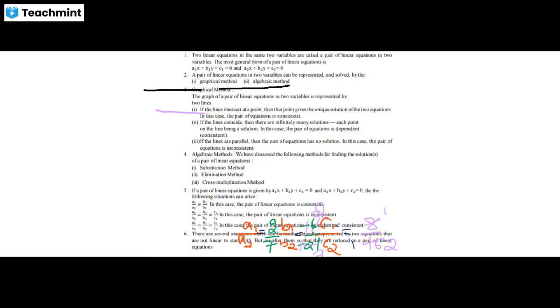Then in tomorrow's class we'll do pair of linear equations exercise 3.6, and continue the reducing method statement problems.